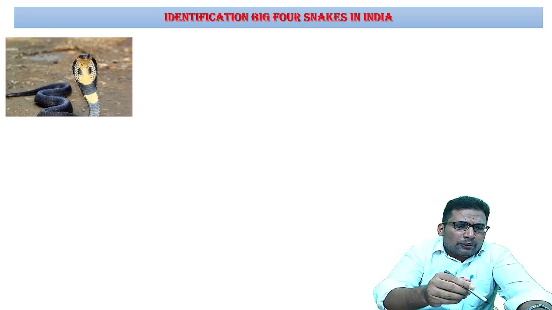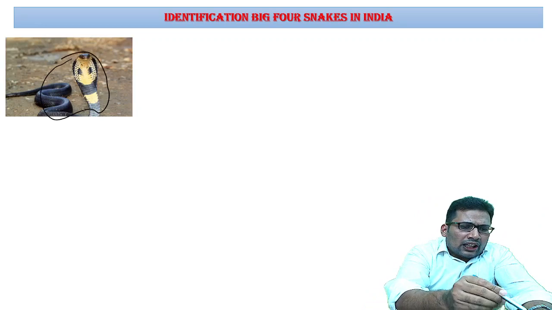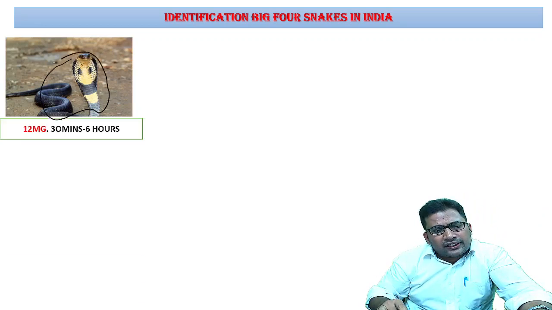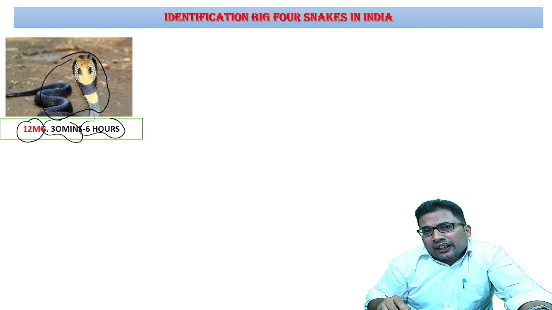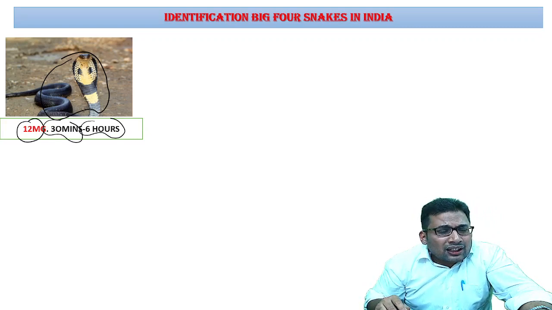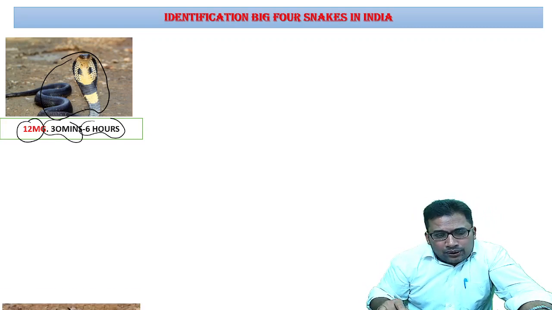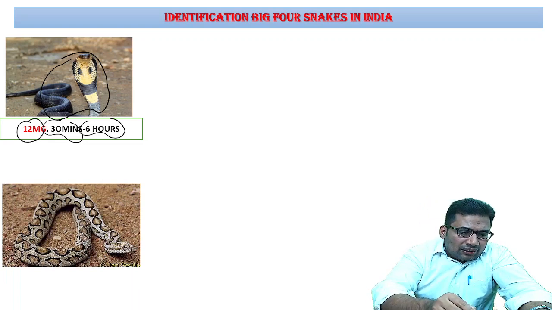So this is the common cobra, Naja, which has a hood, spectacle mark, fatal dosage 12 milligram, 30 minutes to 6 hours is the fatal period. It presents with ptosis and neurotoxic symptoms. So this is Russell's viper.